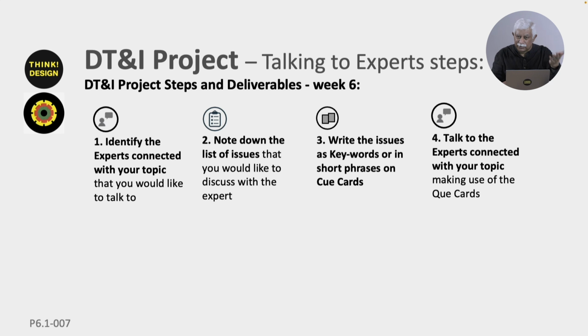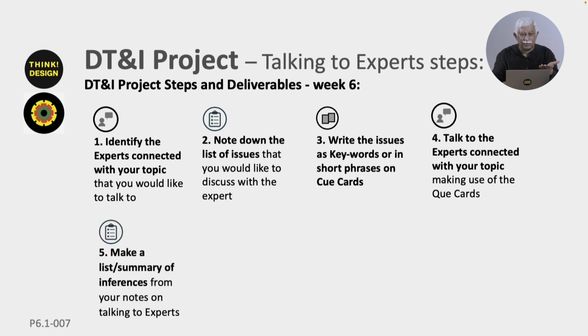Then you need to go to the expert and talk to them, and make use of these cue cards while you're talking to them. And you need to take down notes of the conversation, or maybe record it, and then replay it and make a summary of it, and you'll see that you can make inferences from this conversation, which will be very useful for the subject that you're trying to solve.